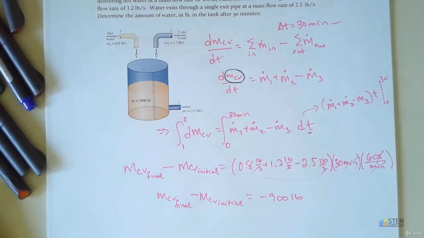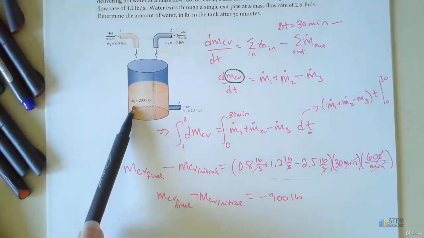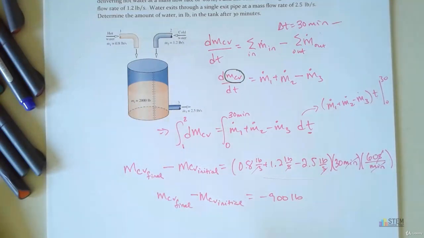Now we've got this. Now we want to know the final value. That's what we're looking for. All right, so we started at a time of 0. We went 30 minutes. We need to figure out what our final mass is. We just know that the change between these two is negative 900. Now what should we do with this? If you look up in this picture, we have our initial mass in the control volume. It was 2,000 pounds. That means this 2,000 gets substituted in right here for the initial.